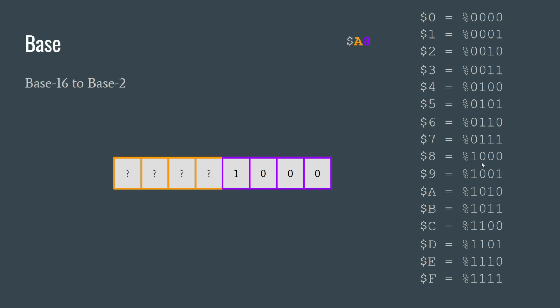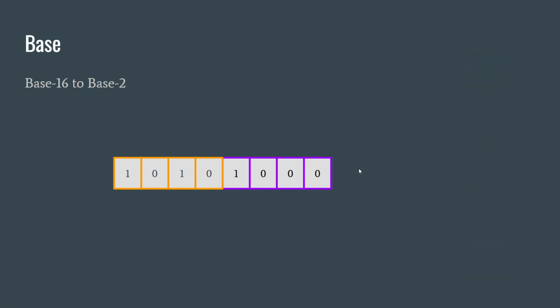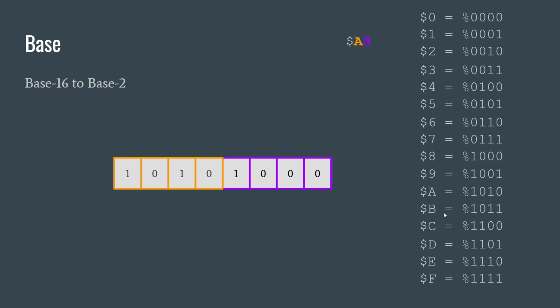That's the 8's place, the 4's place, the 2's place, the 1's place. So you got 1 8. All right, that all works. The next place we have is A. We just come over here, we find A in our chart, and slap that right in there, and you have A8. And that's all there is to it.